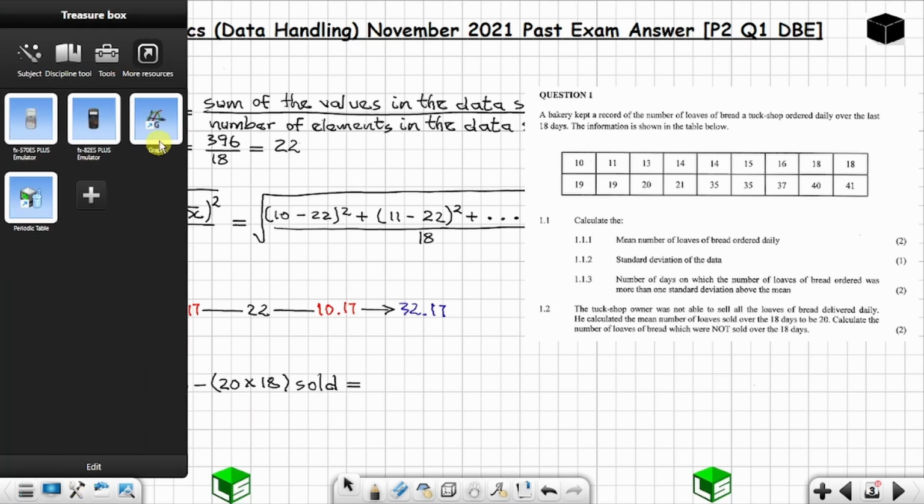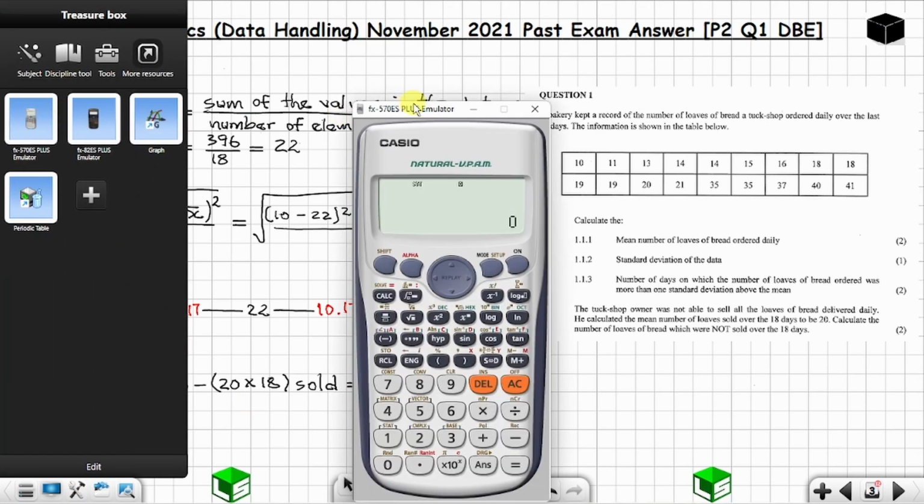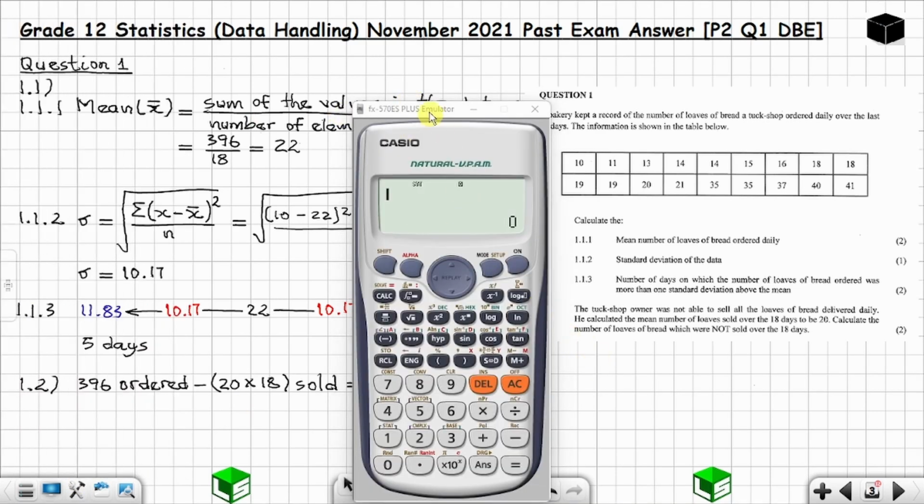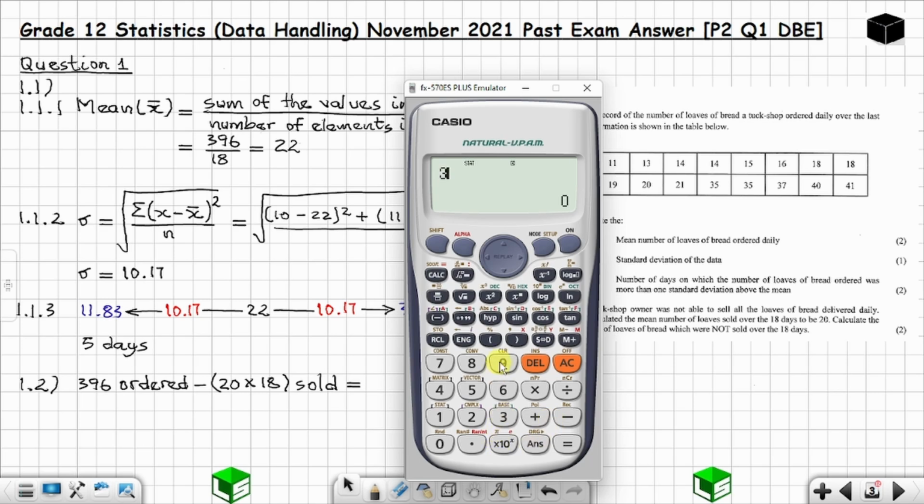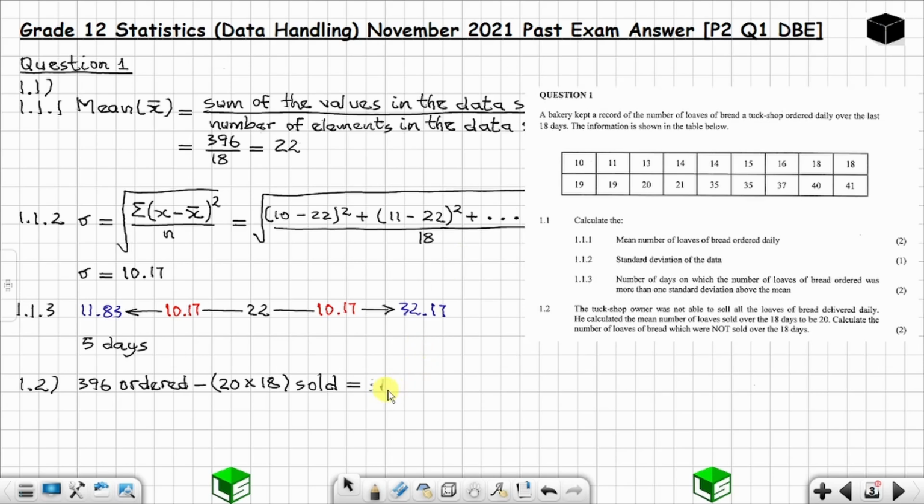You need to use your calculator. So you have 396 minus, you have 20 times 18 in bracket there. And this is equal to 36. So 36 loaves of bread were not sold. Okay, this is how you calculate it.